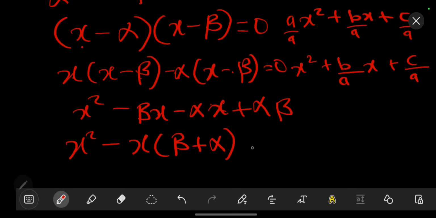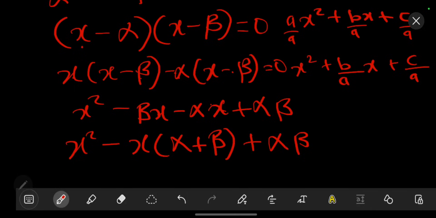Then we have plus alpha beta. We can rearrange this, though the way it was is still okay. So we have alpha plus beta, then plus alpha beta.